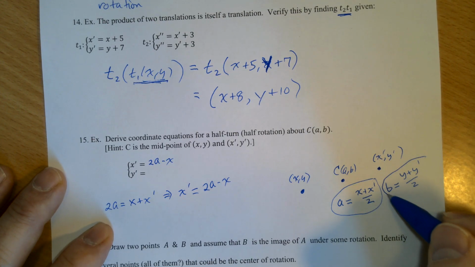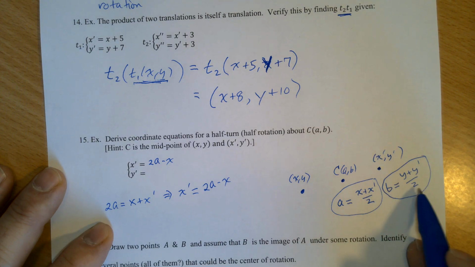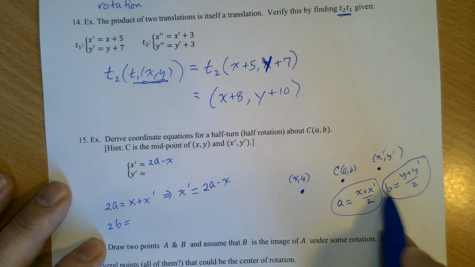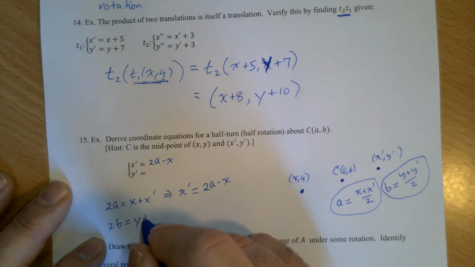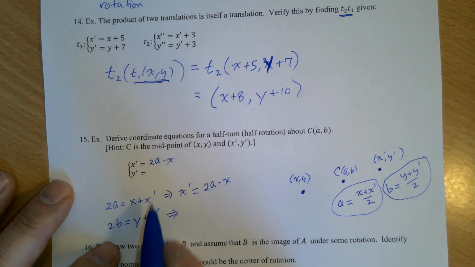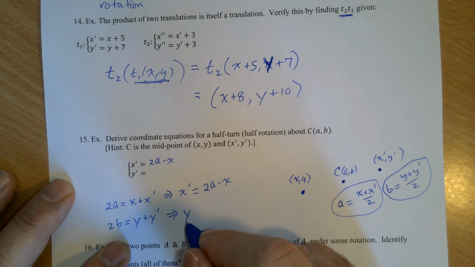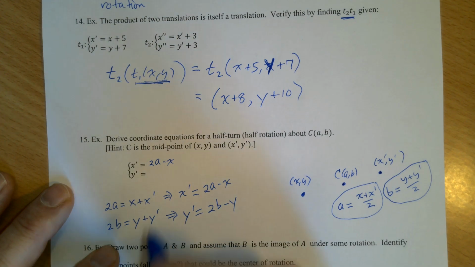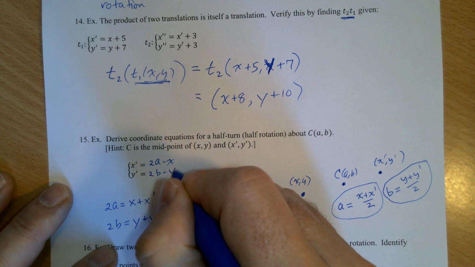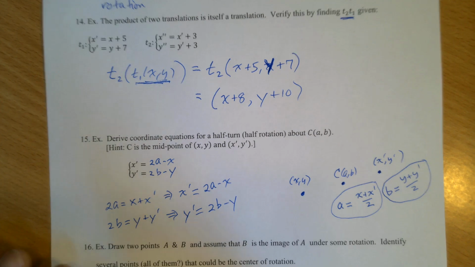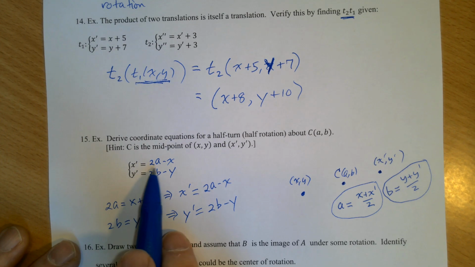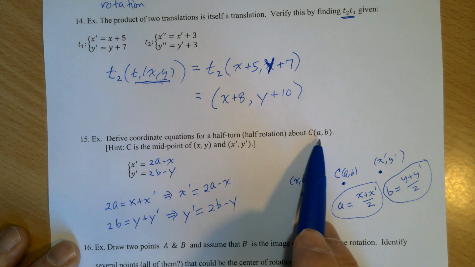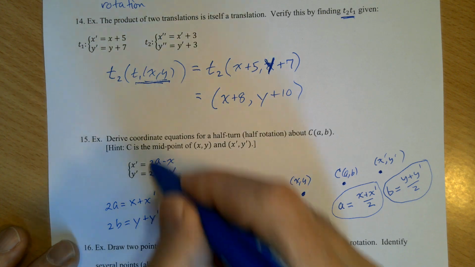And now I'm going to take the b, multiply it by 2 to get rid of this fraction. I would get 2b equals y plus y prime. Solving that for y prime would give me y prime equals 2b minus y. These are the coordinate equations for a half turn around this point C, which has coordinates a comma b.